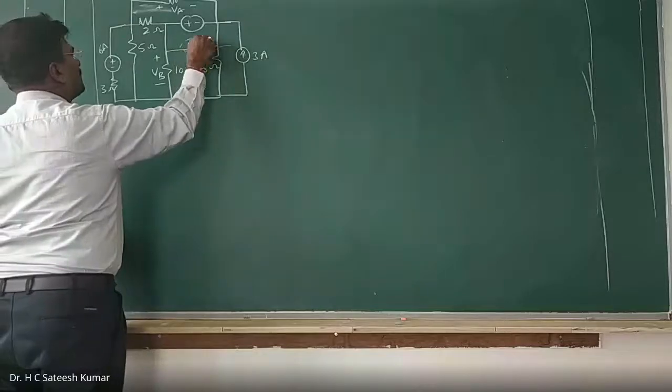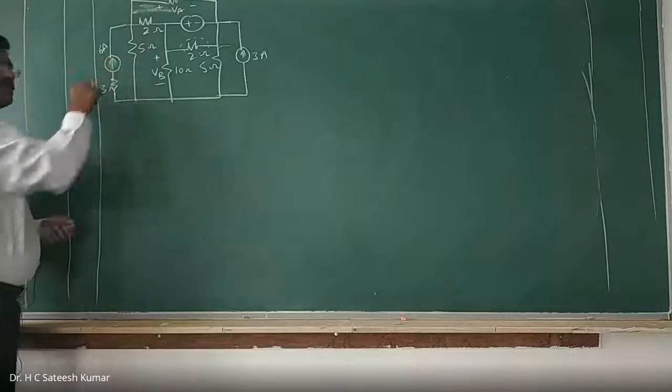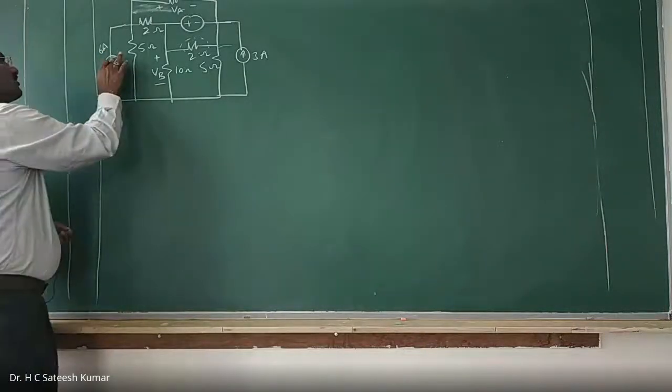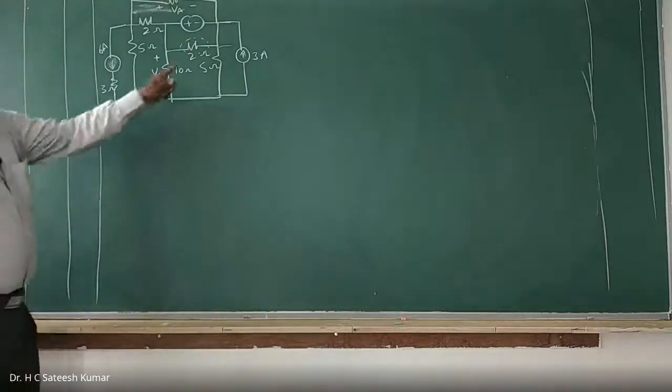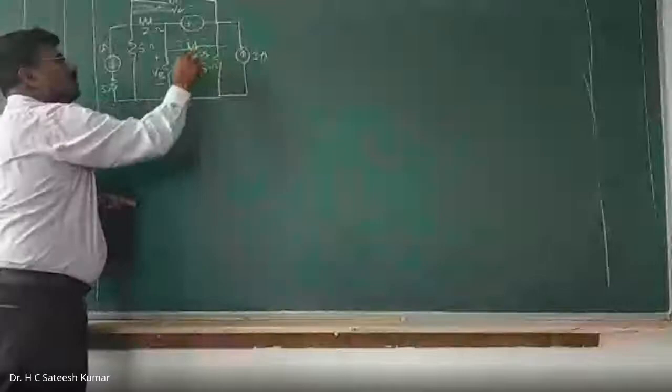This will become redundant. So this is the 6 amps current source, downwards. See this, any resistance connected here is redundant. That can be removed easily.